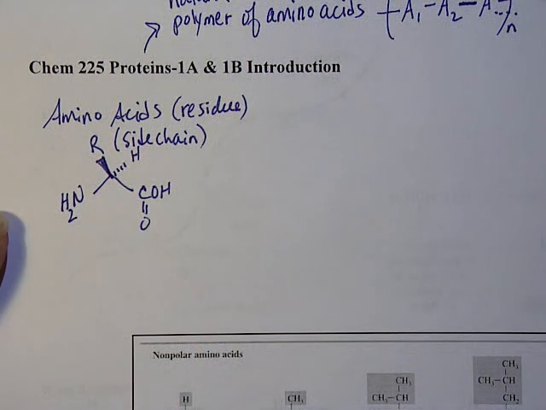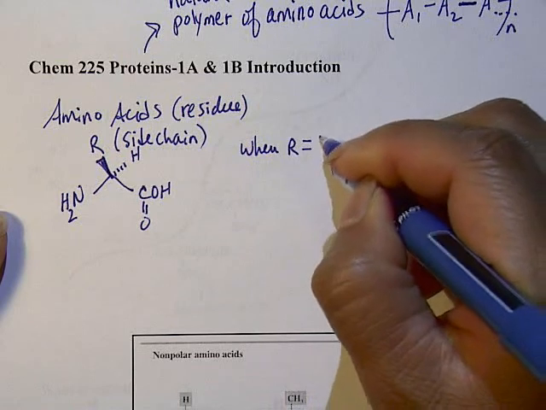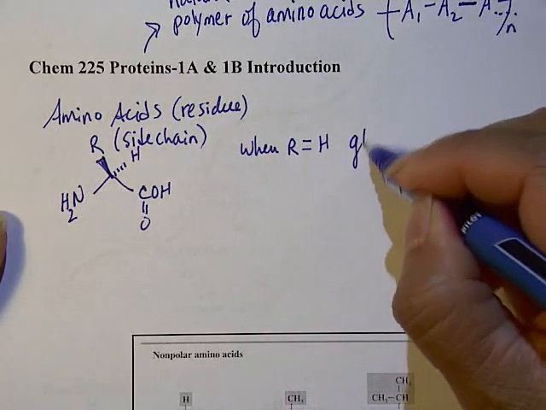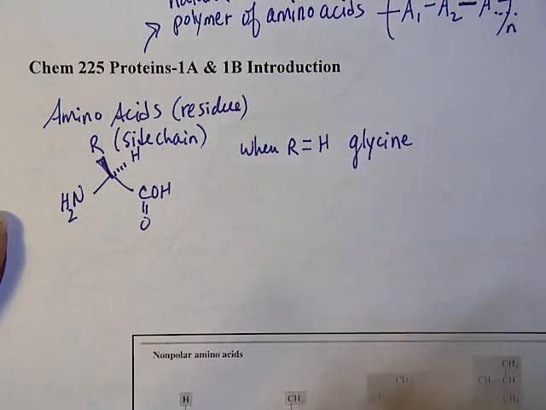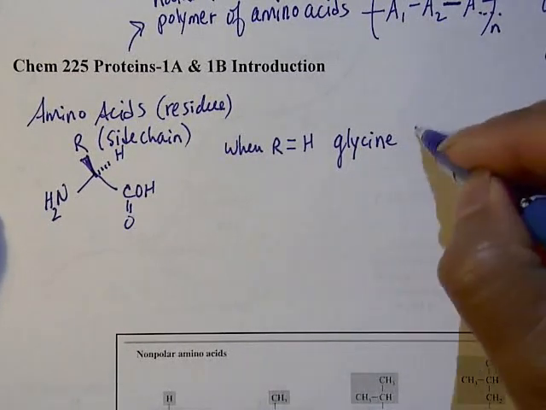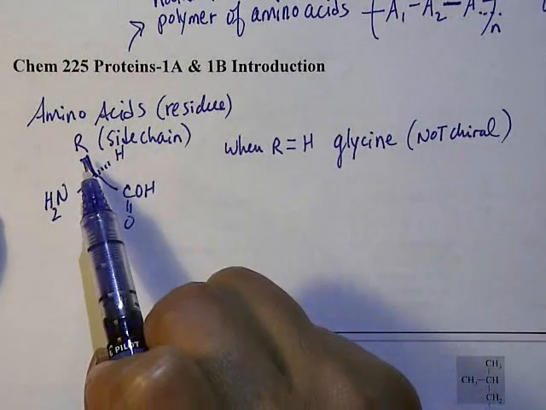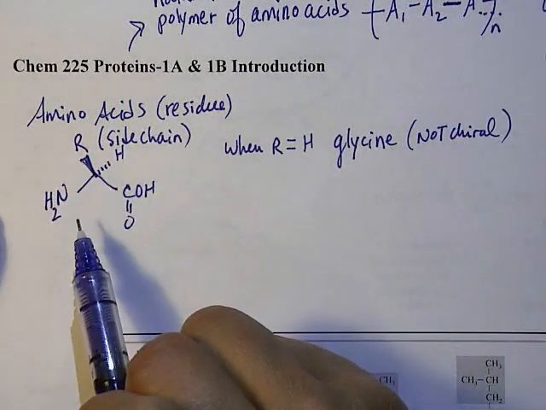So when R is H, then that amino acid is called glycine, which is the simplest amino acid you could have. This is not chiral. This is the only amino acid that's not chiral because the two hydrogens are the same, all right?